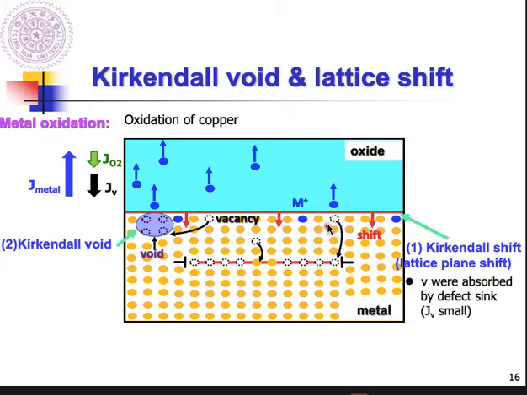If the vacancy flux is very small, and these vacancies are absorbed by some defect sink, for example, a dislocation that gives you this excess row of atoms. If the vacancy flux is very small, the vacancy probably will replace this atom.